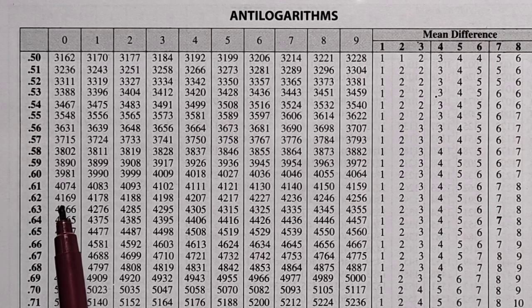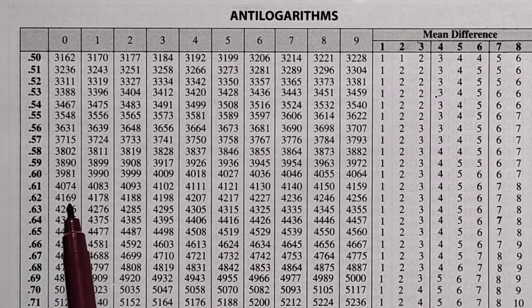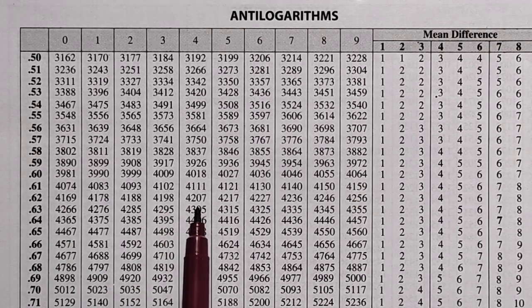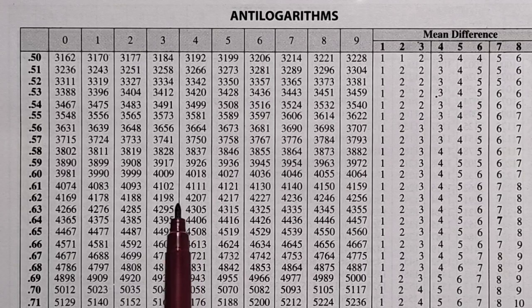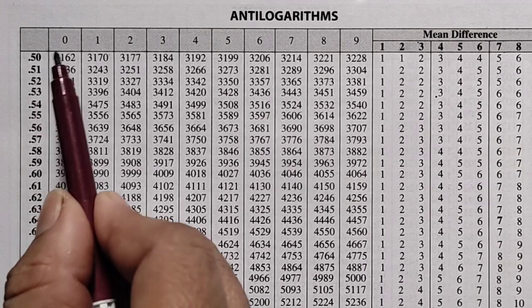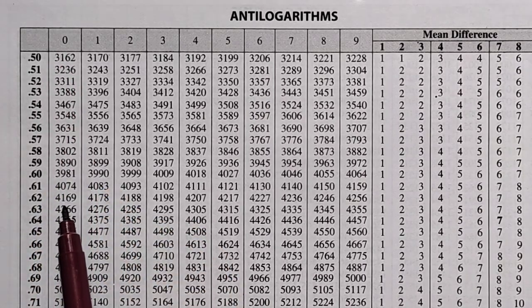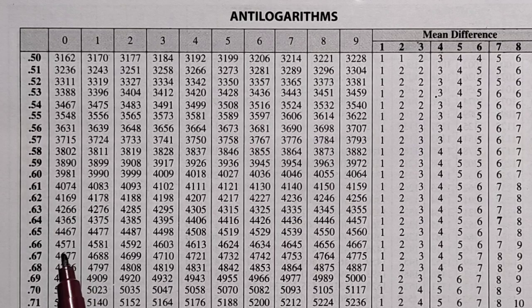Whatever value is there, you will write in scientific notation. The value is 4169. Had it been, suppose, 0.624, then you would be searching in the fourth column. But in the present case, 0.62 under 0, the value is 4169. So I'll just copy that down in scientific notation.